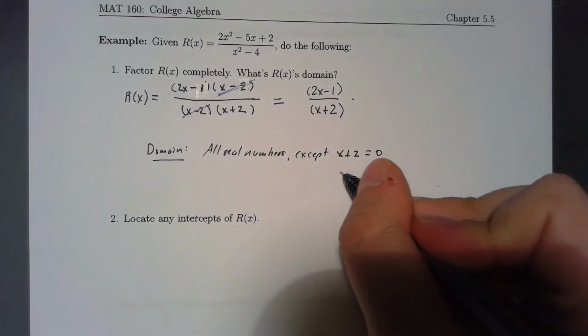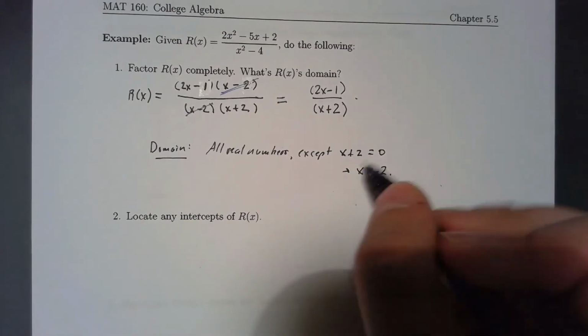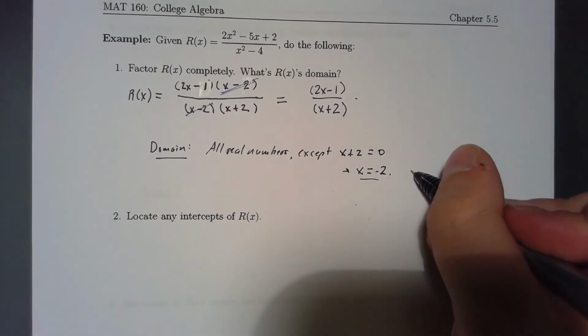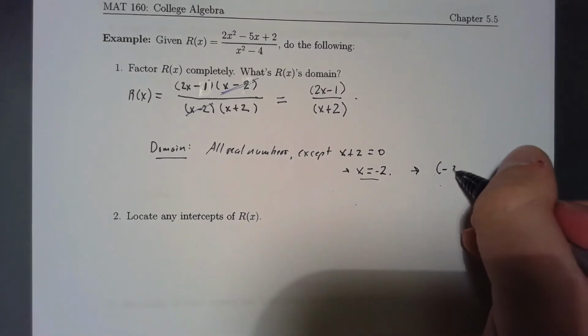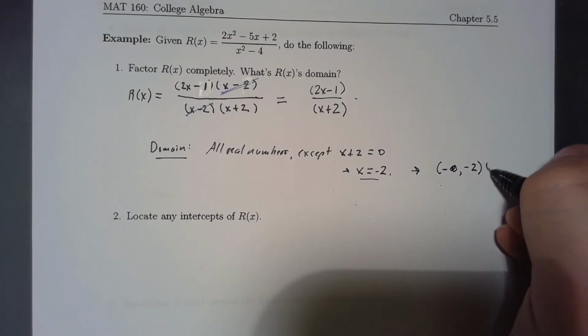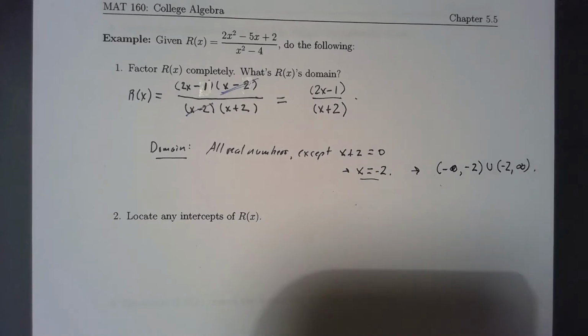If you solve that, that's easy. That's x equals -2. So all real numbers except x equals -2. And in interval notation, you could write that as negative infinity up to -2 and -2 to infinity.